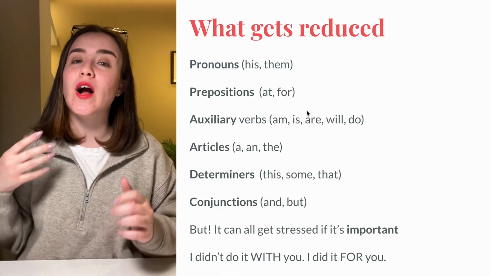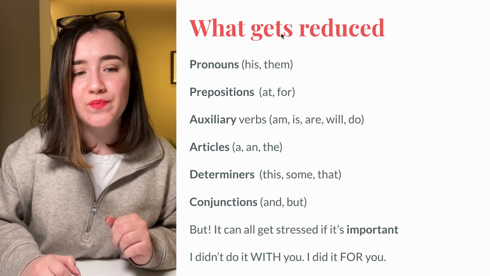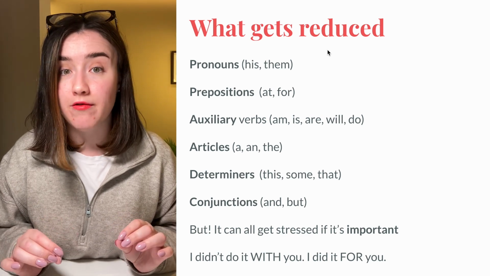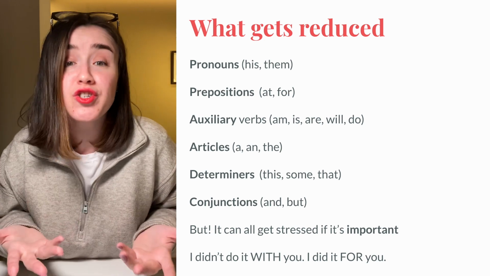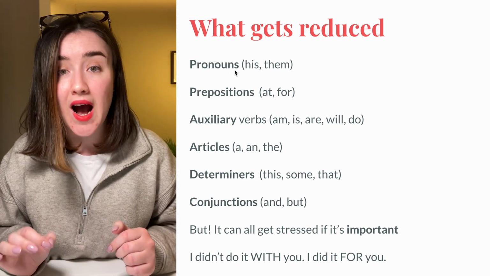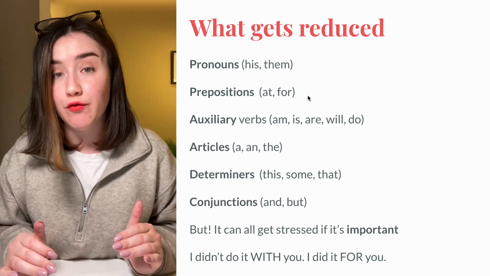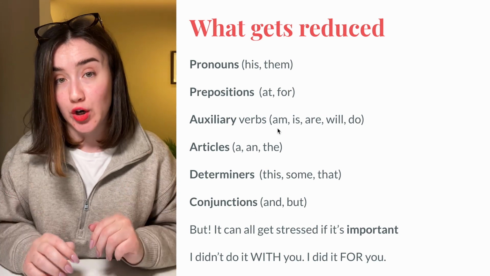So now we're going to talk in detail about what gets stressed and what gets reduced. So what gets reduced? Basically, the small stuff, the grammar stuff, the not very important stuff, okay? The functional stuff. So pronouns, his, them, my, I, he, she, and so on. Prepositions like at, for, by, and so on. Auxiliary or helping verbs, right?